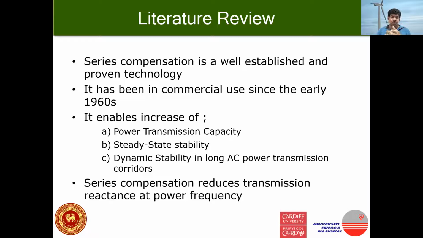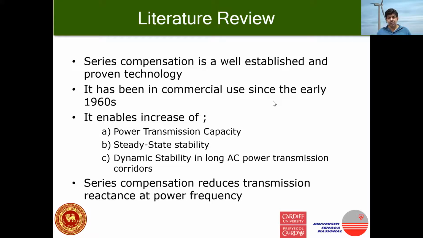So the immediate question is, can't we use series compensation, which reduces the transmission reactance, to use the same 220 kV line for transferring power from Sampur to New Habaran?